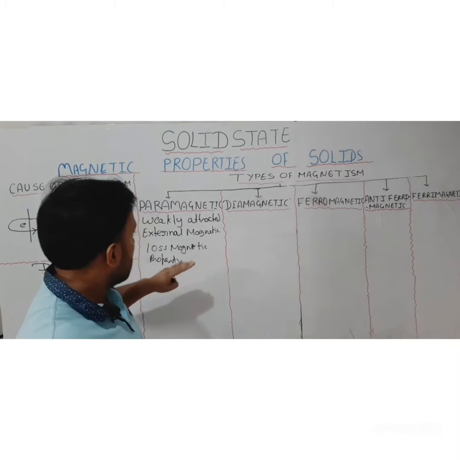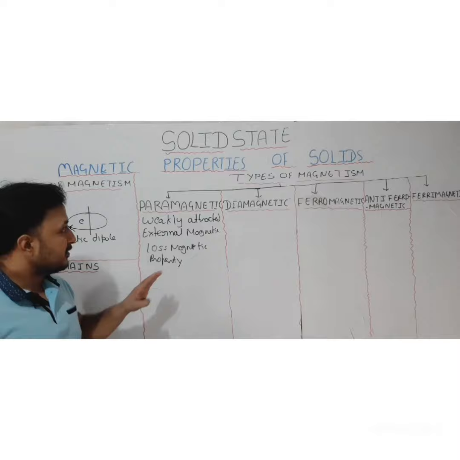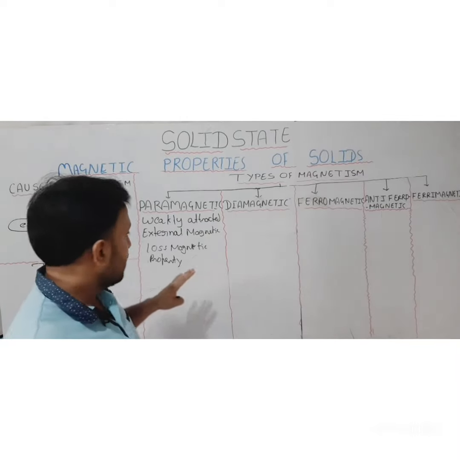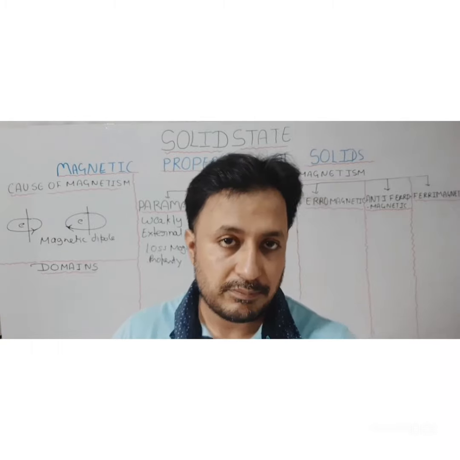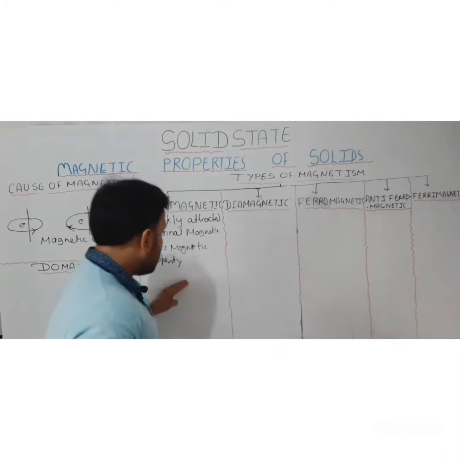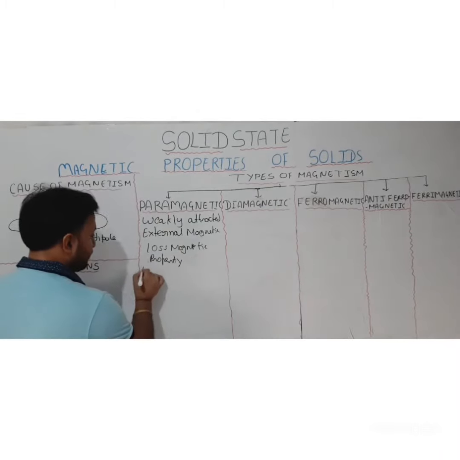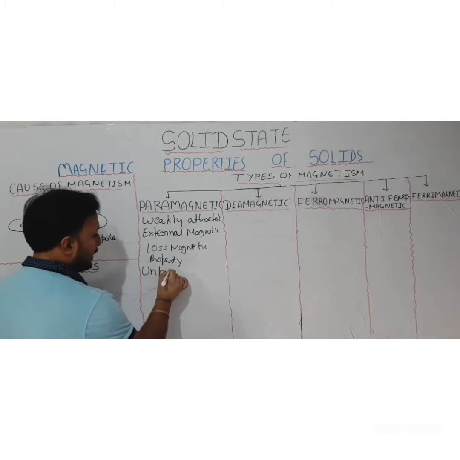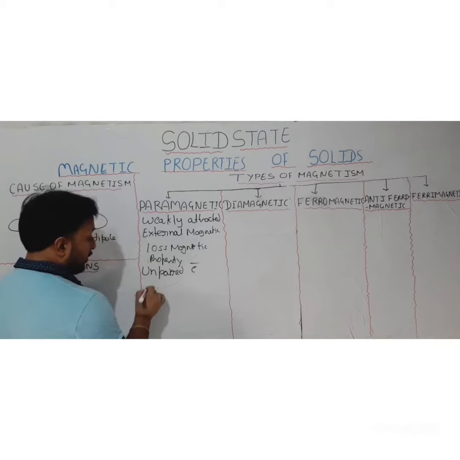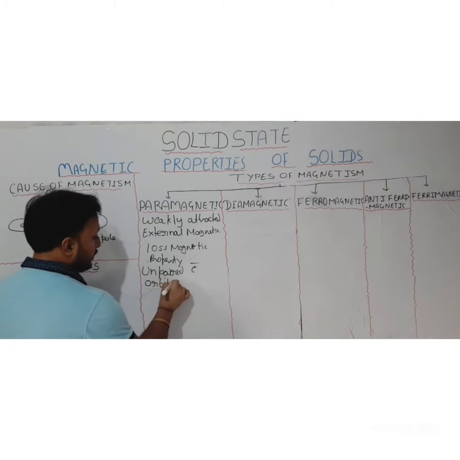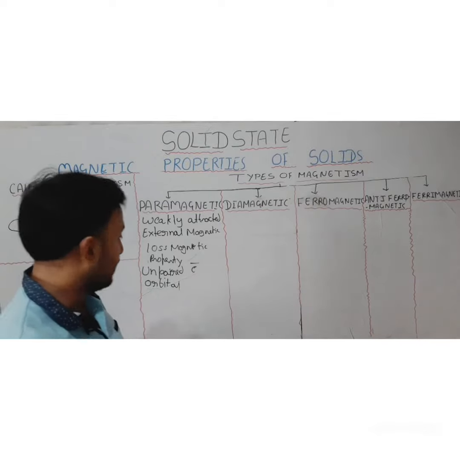Now we can classify such types of substances by knowing the number of unpaired electrons in them. When we say unpaired electron, we mean unpaired electron in their orbital, as you have seen in grade 11.